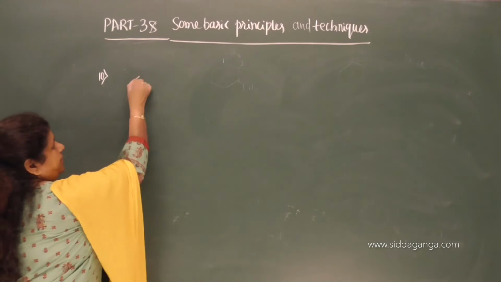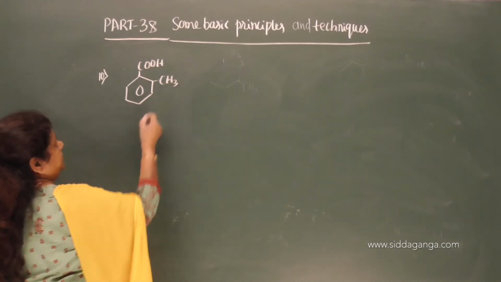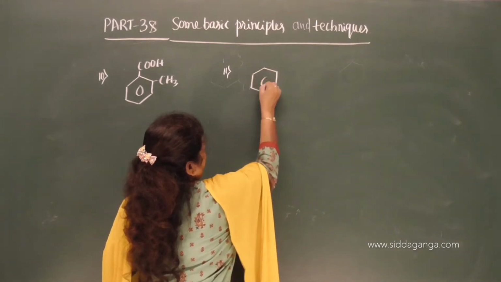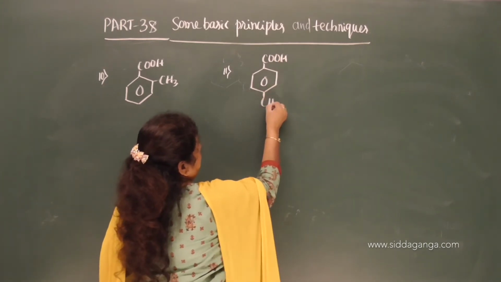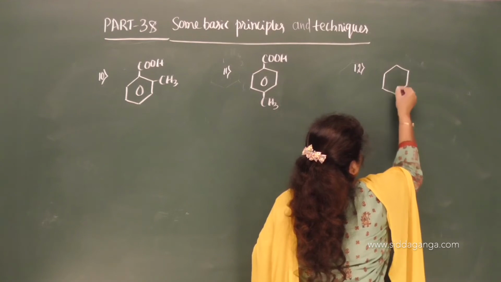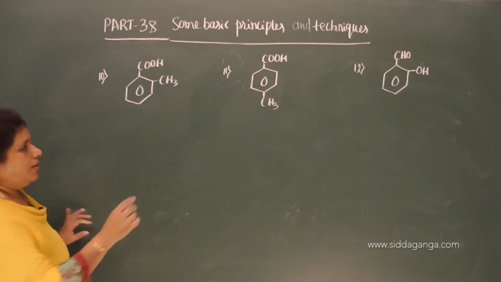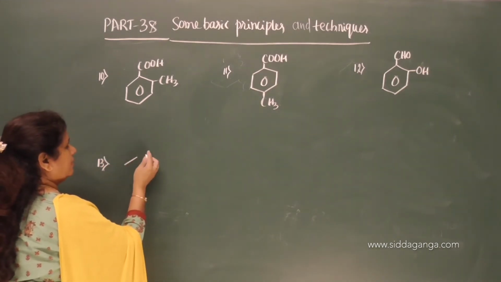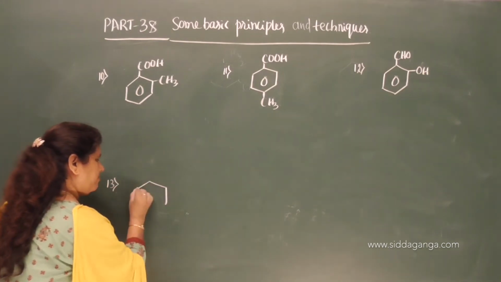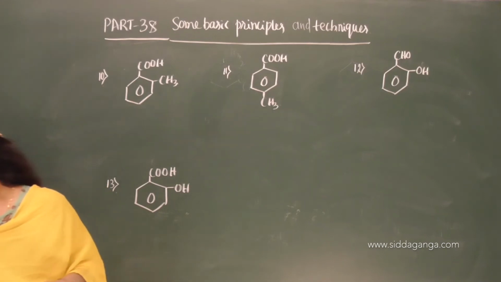So you can take this one as a compound, COOH, CH3, and the 11th one, COOH, CH3, the 12th one, COOH, and the 13th one, you can take COOH, OH as one more compound.